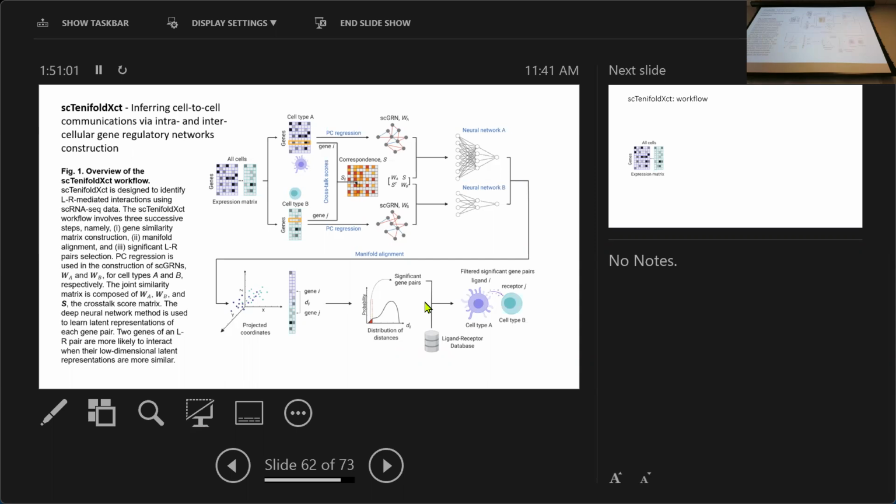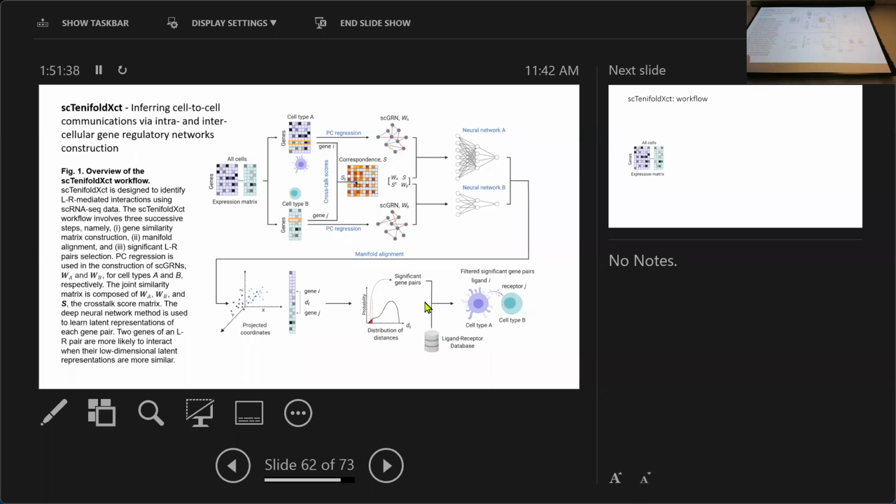Suppose you have gene 1 from here, and gene 2 from cell type B. The element here is just indicating how strongly they interact with each other. In the context of cell communication, if you have a ligand here and a receptor here, this element in the correspondence matrix indicates how strongly they interact.